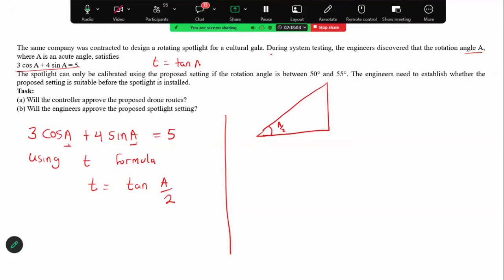How is tan given? That tan is always given by opposite out of adjacent. So you have T. So your opposite is T, adjacent is 1. So to get your hypotenuse, it is going to be the square root of 1 plus T squared.